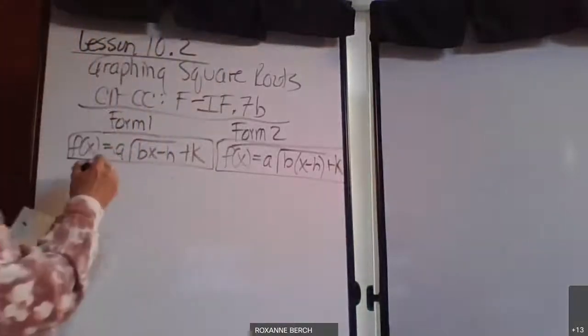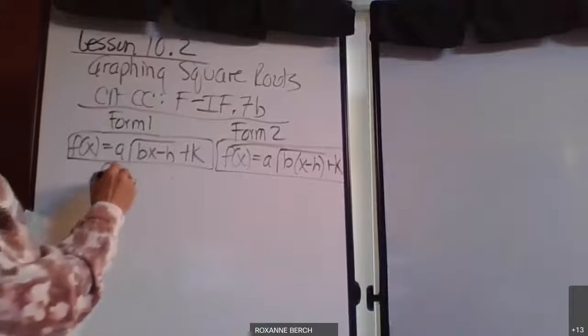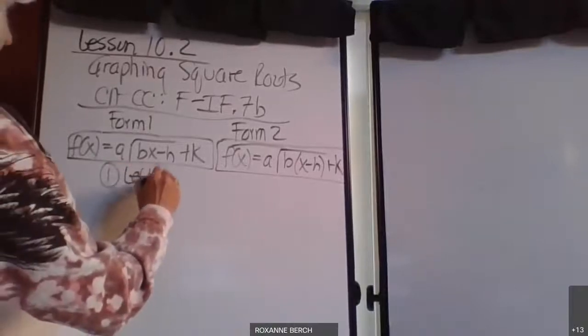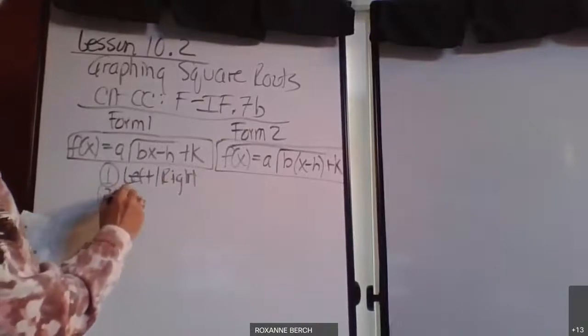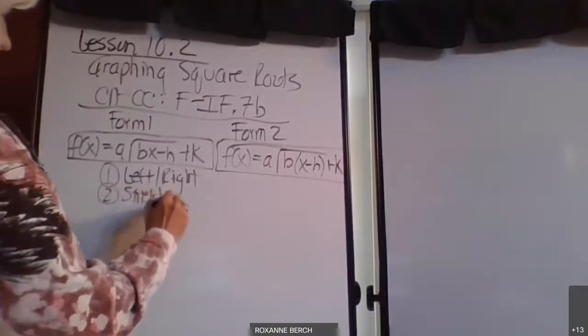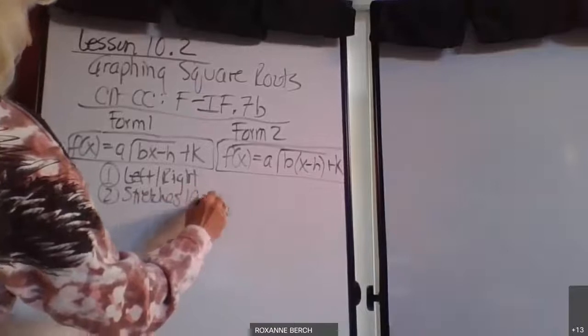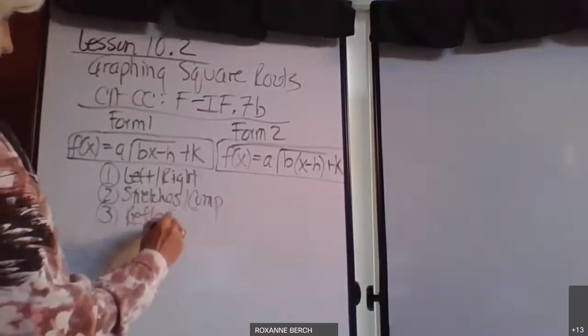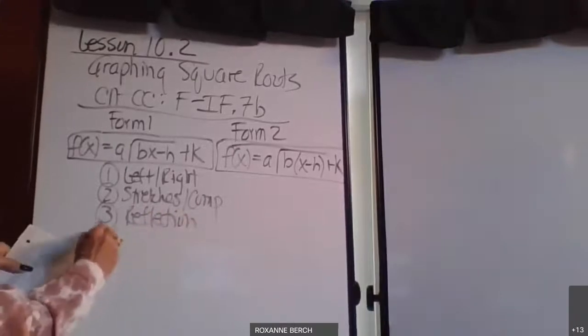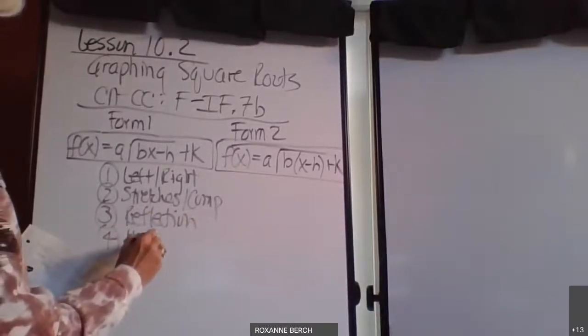All right, so the order for the first form is your left-right, your stretches and compressions, your reflections, and then your up and down translations.